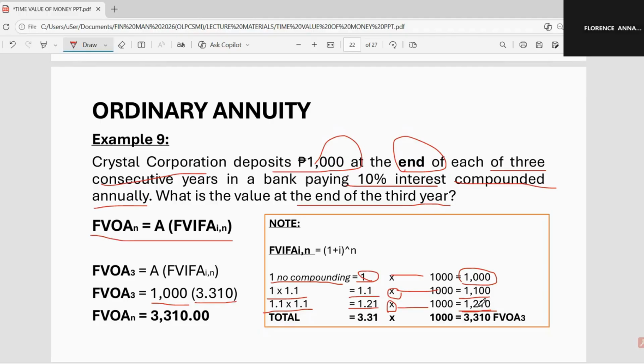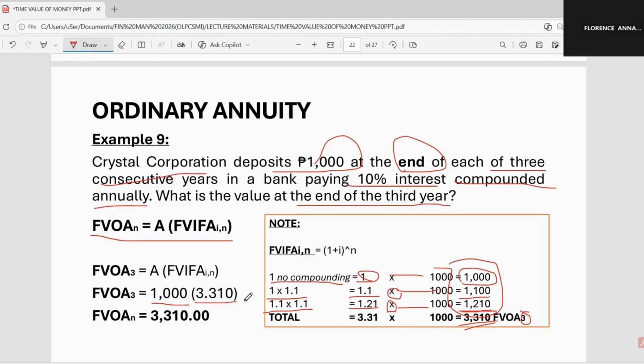So, if you add this, you'll get 3,310 or your future value of ordinary annuity at the end of 3 years.